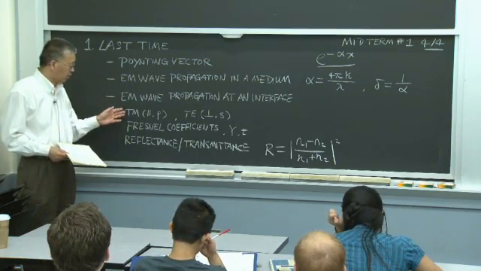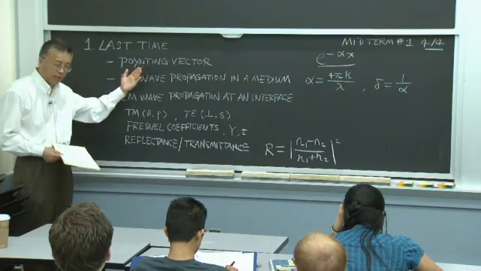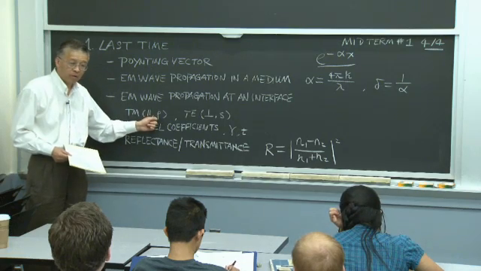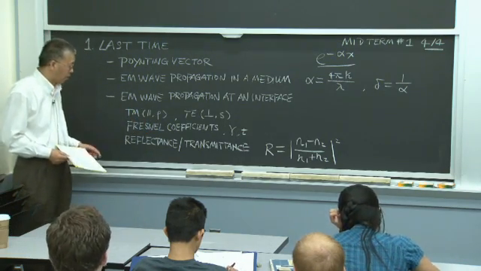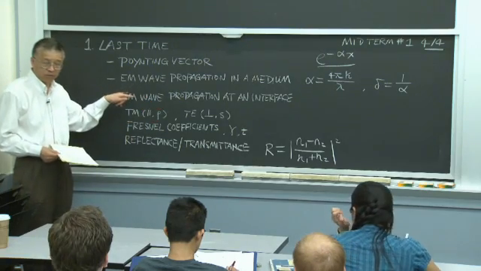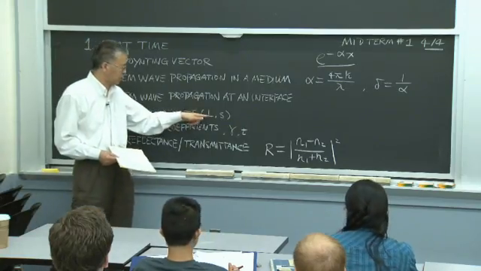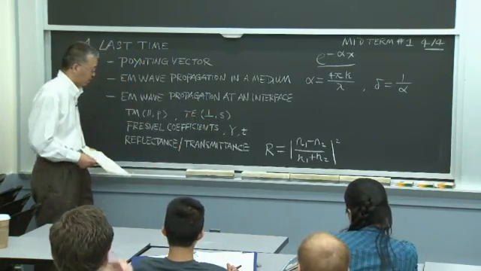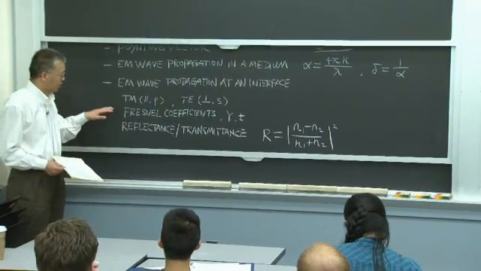TM, transverse magnetic, has an electric field in the plane, that's why it's parallel, P, with the symbol parallel. TE is a transverse electric wave, where the electric field is perpendicular to the plane of incidence. And S is probably German for perpendicular, if anybody knows German.